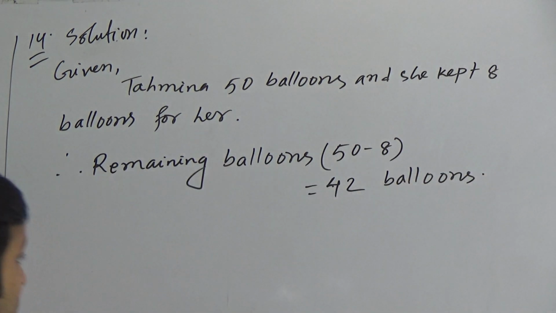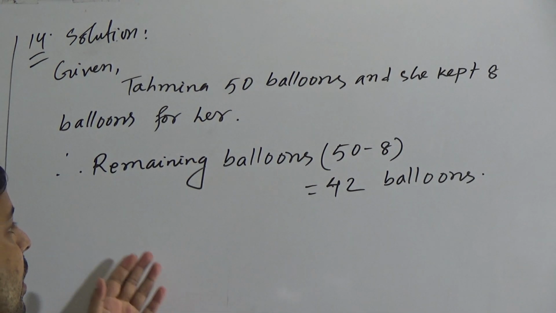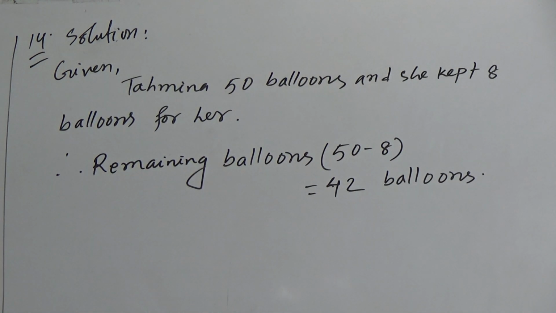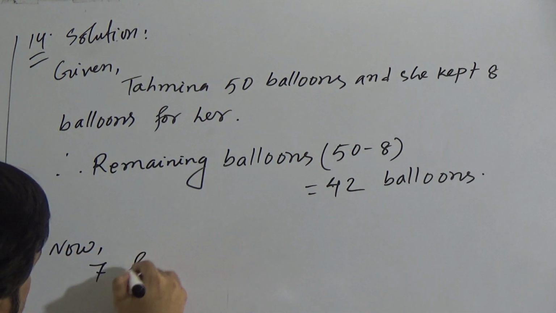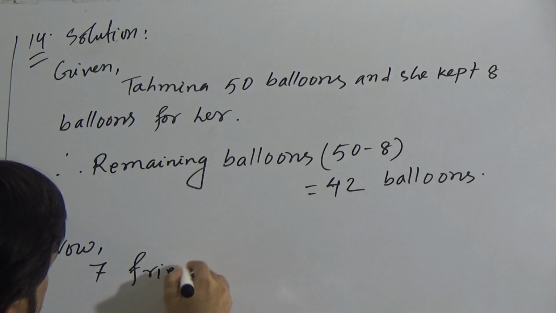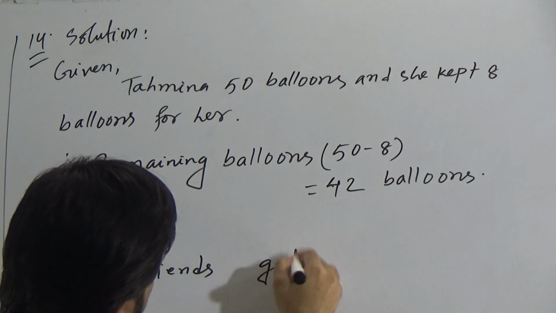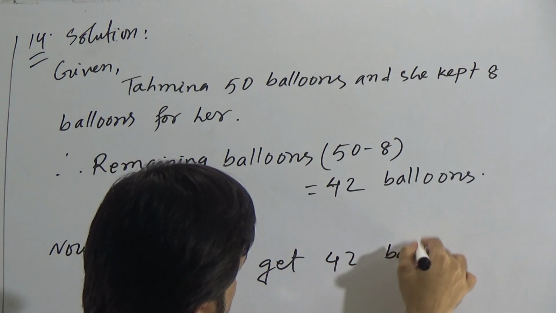Okay, dear students, now this 42 balloons we have to give to 7 friends of Tahmina. It means 7 friends get 42 balloons.